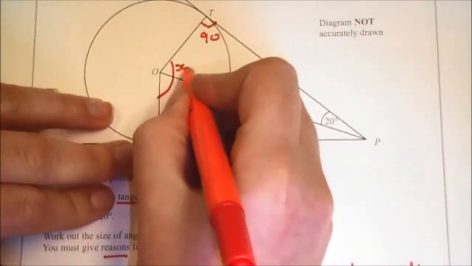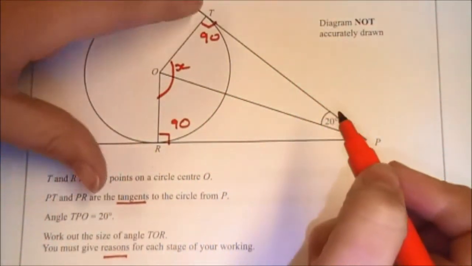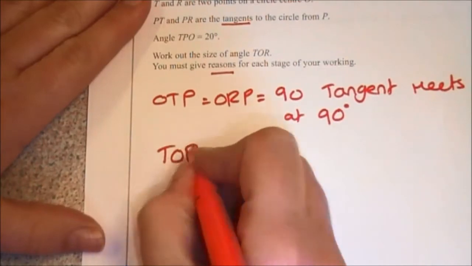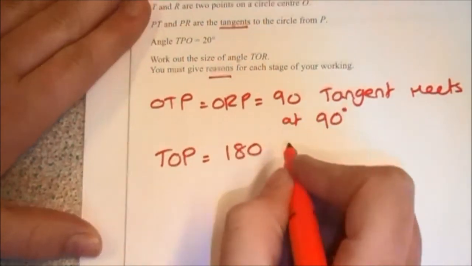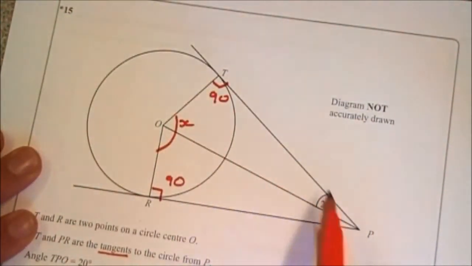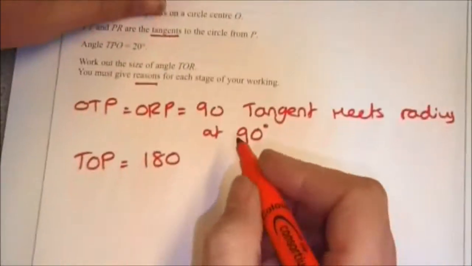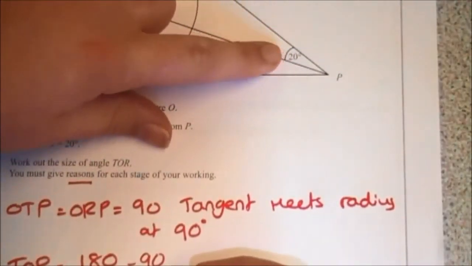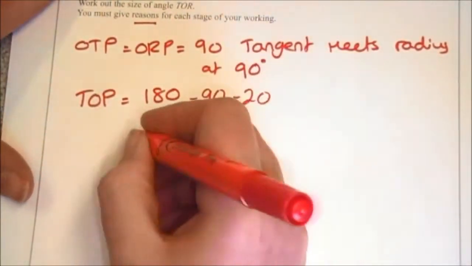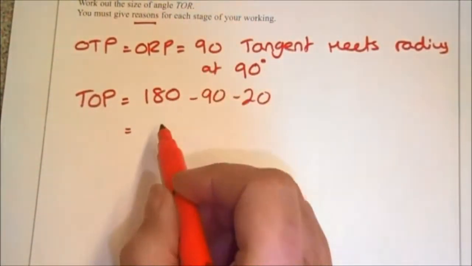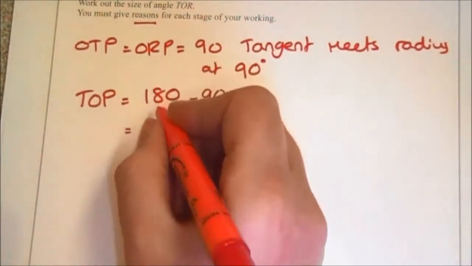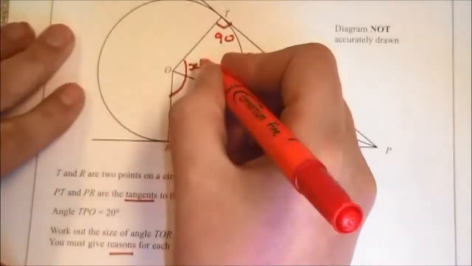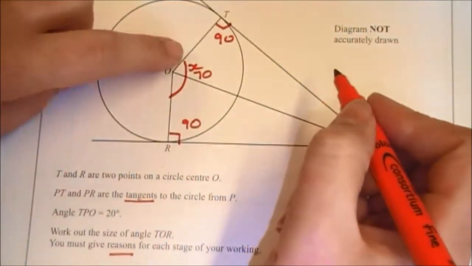So I'll find angle TOP, which is 180 degrees because it's a triangle, take away that 90, take away that 20. 180 take away 90 take away 20 equals 70 degrees. So I know this here is 70 degrees.